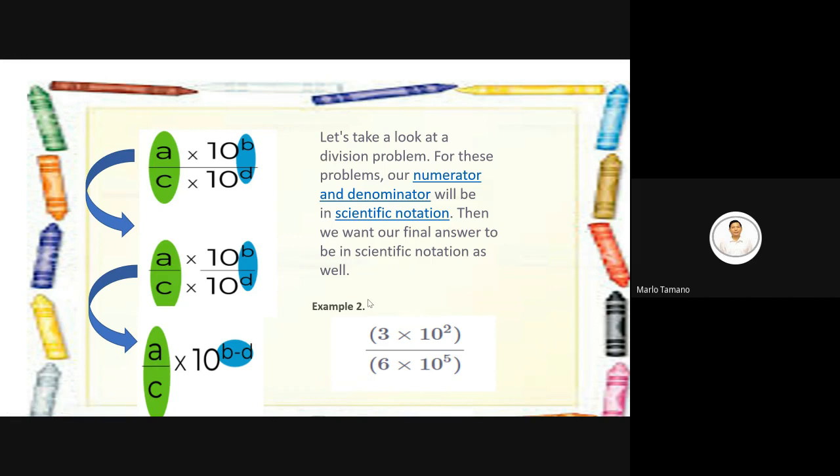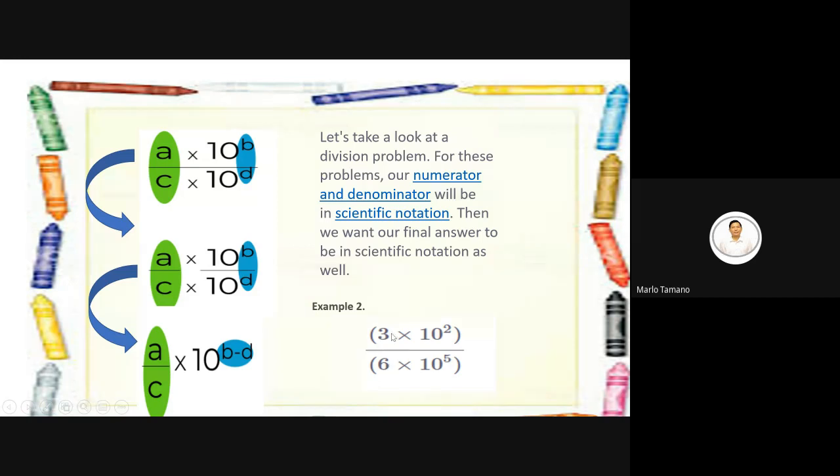For this problem, our numerator and denominator will be in scientific notation. Then, we want our final answer to be in scientific notation as well. Example number 2. 3 times 10 to the second power divided by 6 times 10 to the fifth power. Pansinin niyo parehong whole number po yung ating coefficient, yung 3 at saka 6.